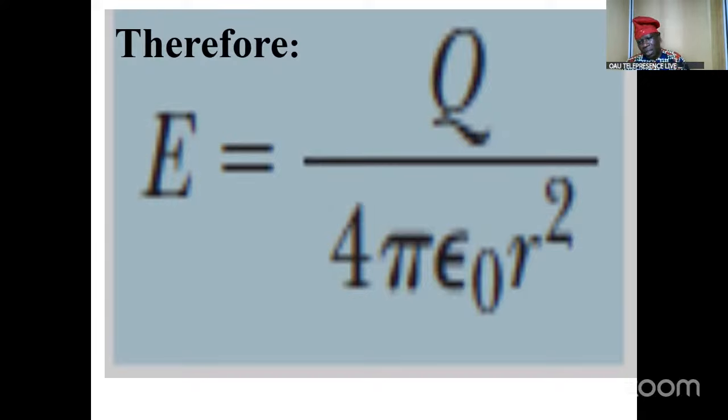Now, to help you better, I can give you directly the formula you have to use, which you are already seeing on the screen. The equation here is E equals Q over 4 pi epsilon naught R squared. A student who may not need to use the factor of 4 pi epsilon naught can just pick the value representing K as given earlier and substitute directly, and you get the same answer.